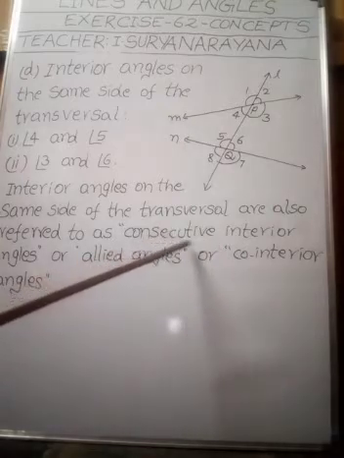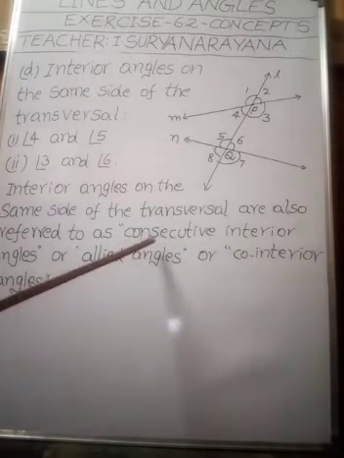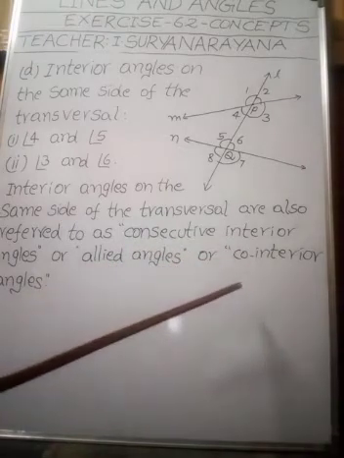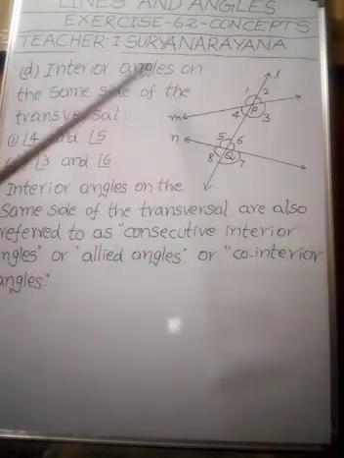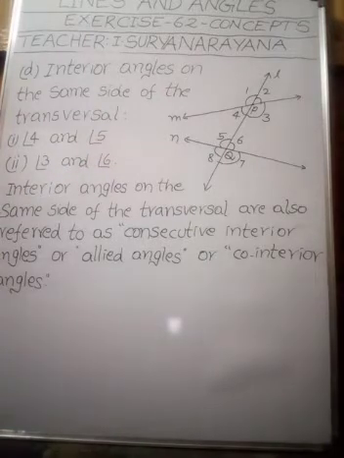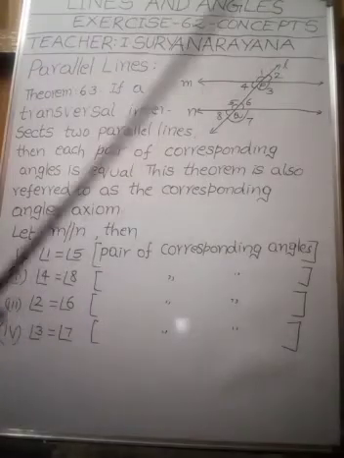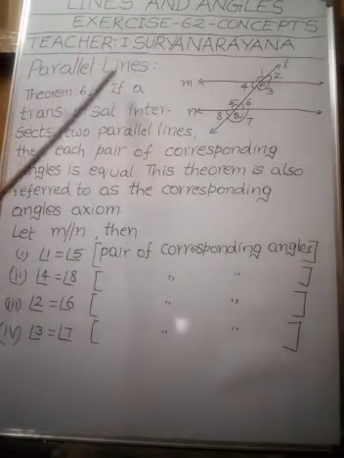Sometimes they will use these terms. Don't be confused. These terms also mean the same: interior angles on the same side of the transversal. Understood this point, my children? Is it clear? Right. Now come to this point, my dear children, parallel lines.